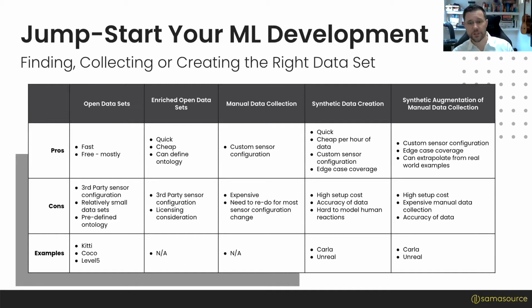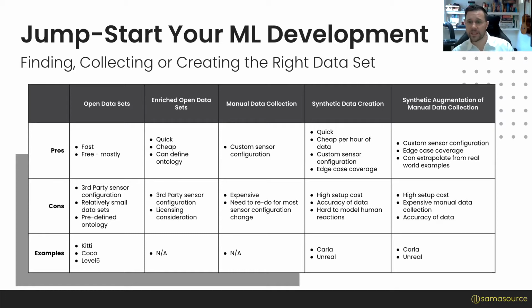Some sensor configuration changes you may find don't require you to recollect all of your data, but for the most part, as you make pretty large sensor configuration changes, that will be the case. Some programs that are much further along in their development can build their system to be more robust to sensor configuration changes, but that's a much more advanced capability.